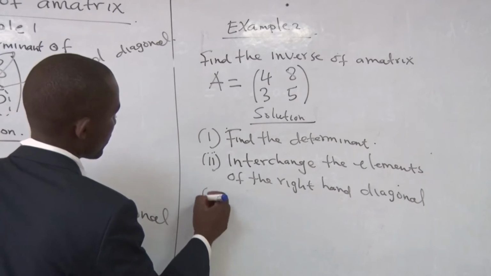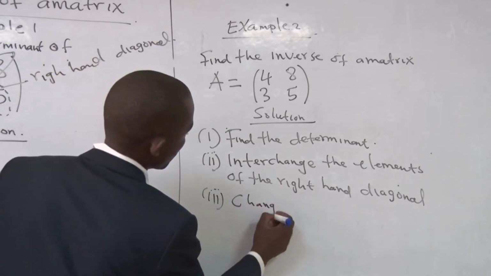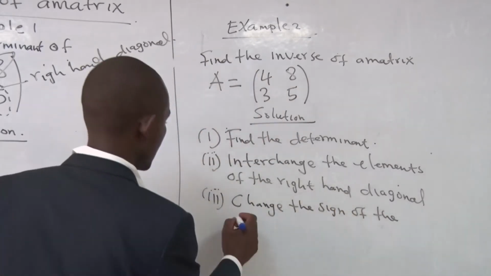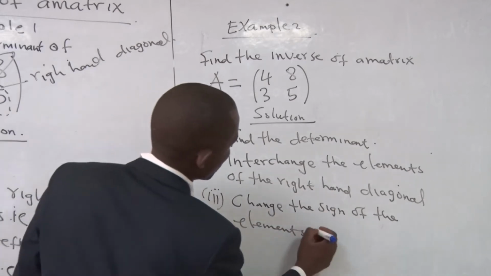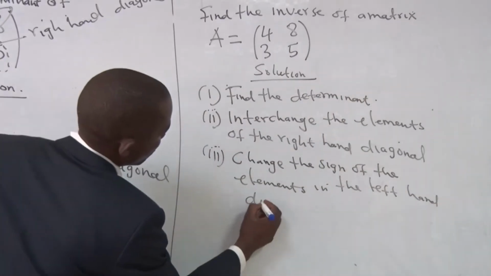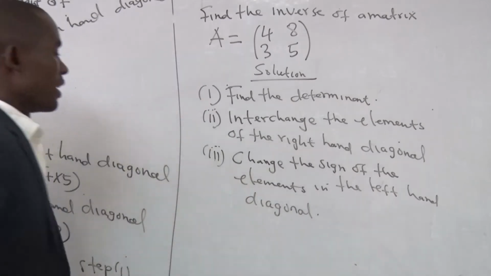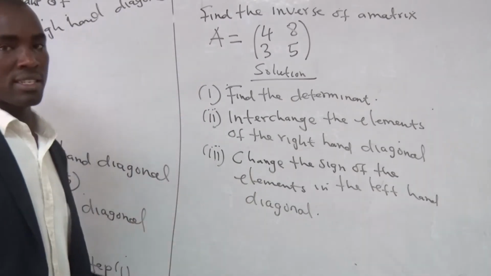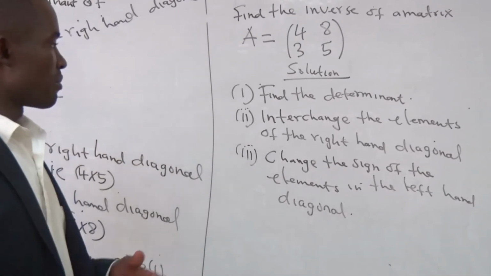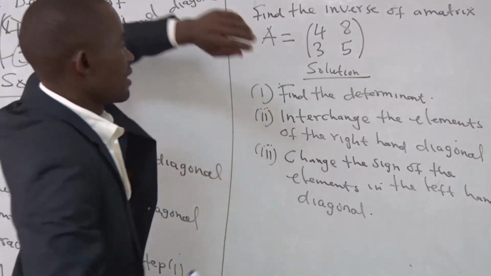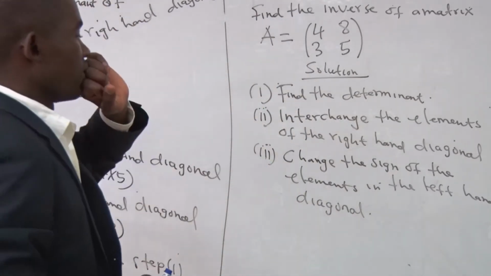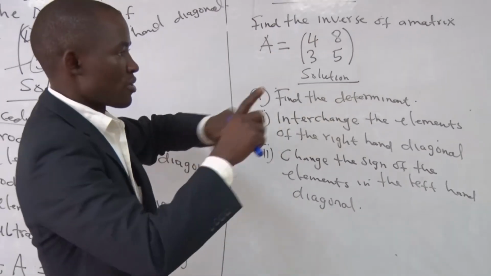Number 3: change the sign of the elements in the left-hand diagonal. If an element in the left-hand diagonal has a minus, it becomes a positive; if it is a positive, it becomes a negative. So in the right-hand diagonal you switch them, and in the left-hand diagonal you change their signs.